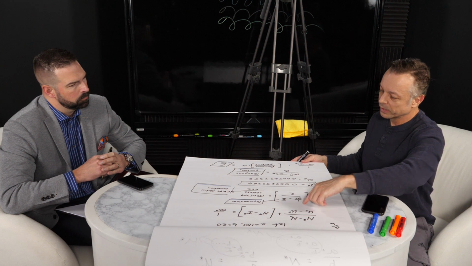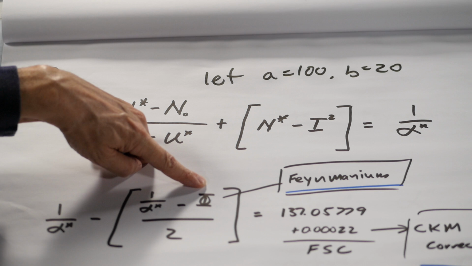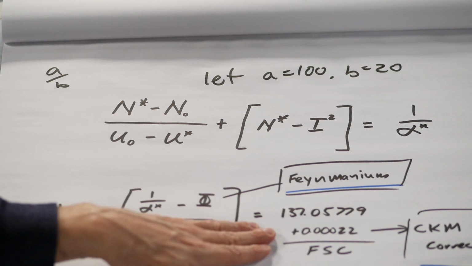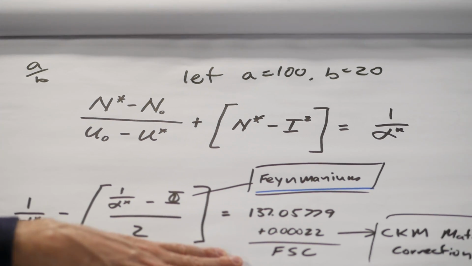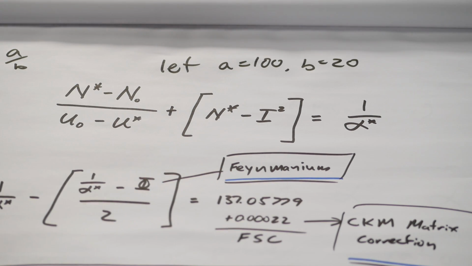And then when we subtract from it this value, which turns out to be 137 divided by 2, we get a value for the inverse of the fine structure constant that just so happens to be off by a correction amount associated with the CKM matrix.